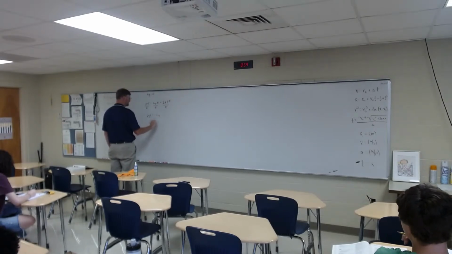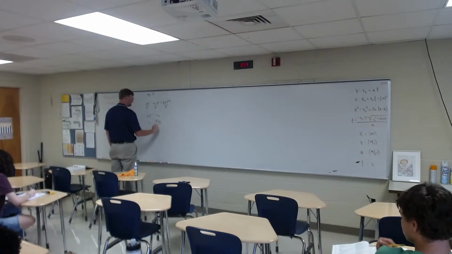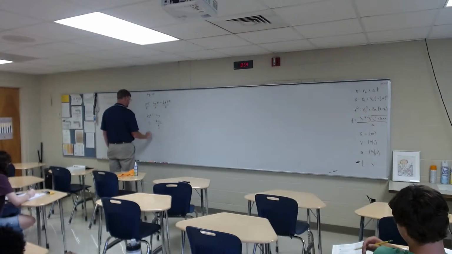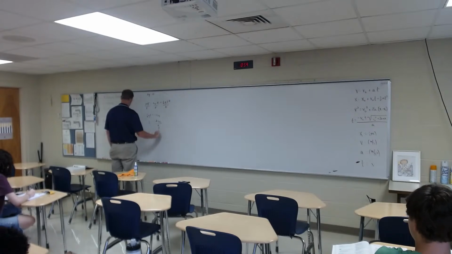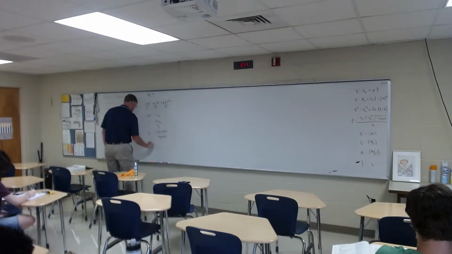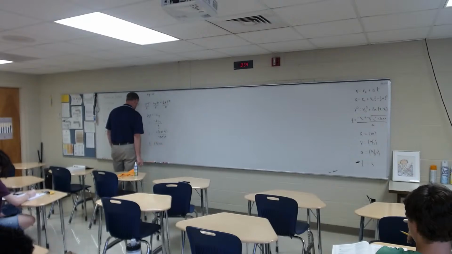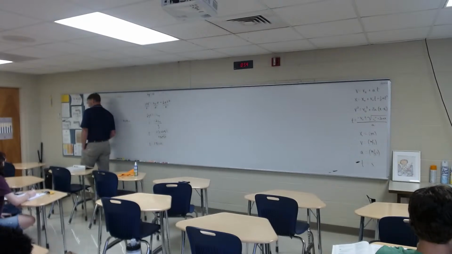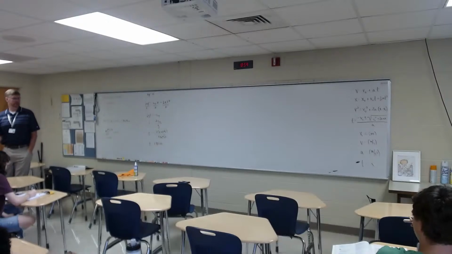So this is negative 2 v0y over g. So negative 2 times 9.27 over negative 9.8. How much is that? 1.9 seconds. Okay. Hang time in the air of about 1.9 seconds.